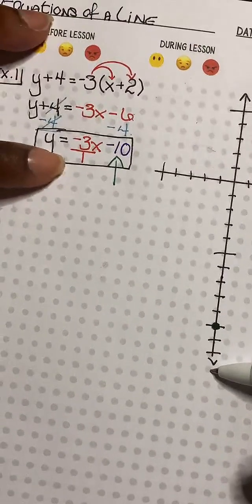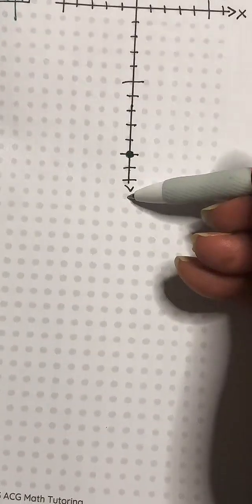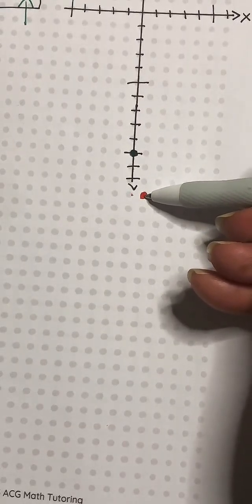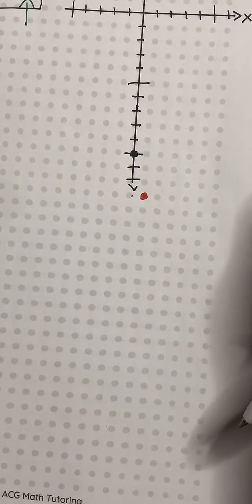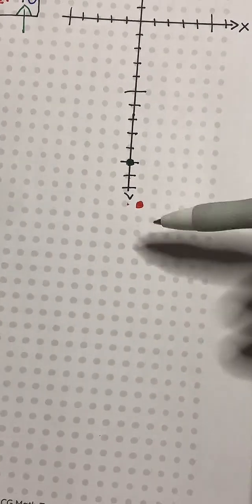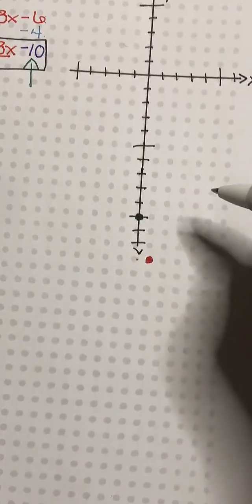And then the over 1, since it's a +1, I'm going to the right 1. Boom. That's where that marking is there. Now, yes, I could draw a line from here. Perfectly fine. But if I wanted to be a little more accurate, and I know I ran out a lot more space here, this is what I could do.